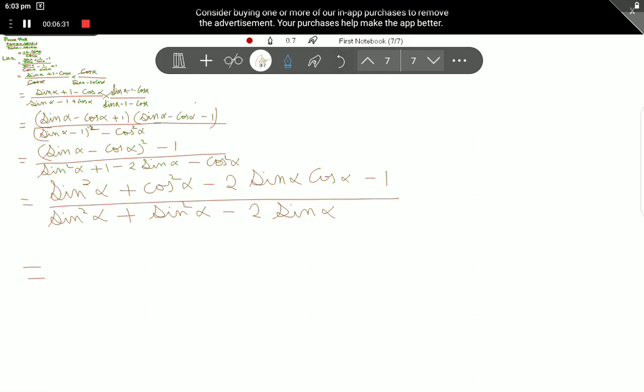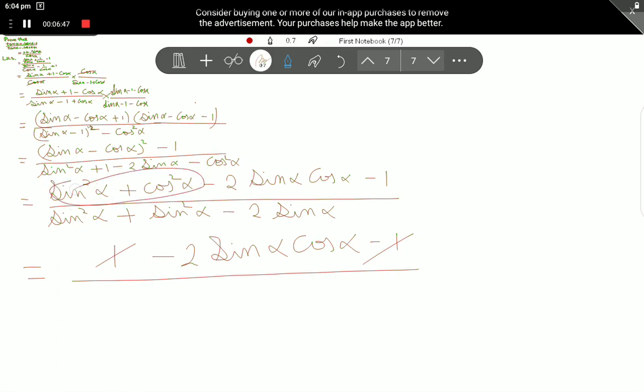So we have 1 minus 2 sin alpha cos alpha minus 1. We can cancel 1 and 1. How did we get 1 here? Because sin squared alpha plus cos squared alpha equal to 1. In the denominator, sin squared alpha plus sin squared alpha, we can combine those two and write it as 2 sin squared alpha, minus 2 sin alpha as it is.